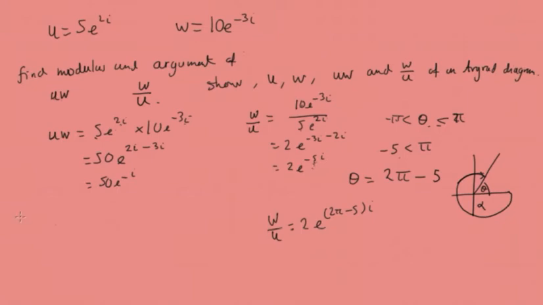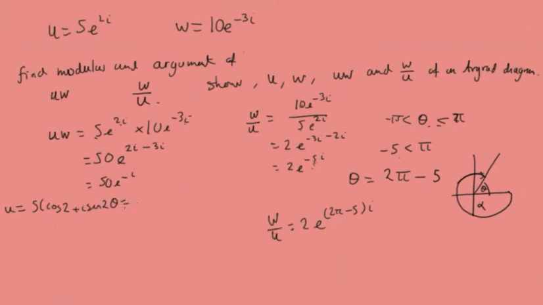So, firstly, our value of u is going to be 5 cos 2 plus i sine 2.